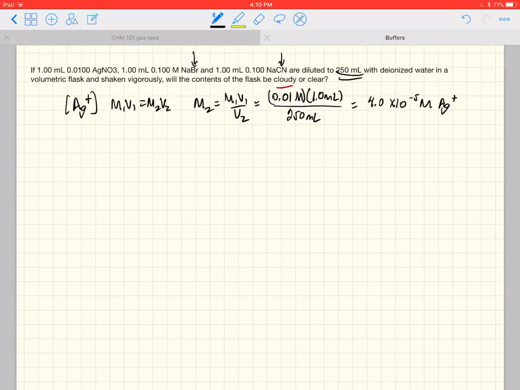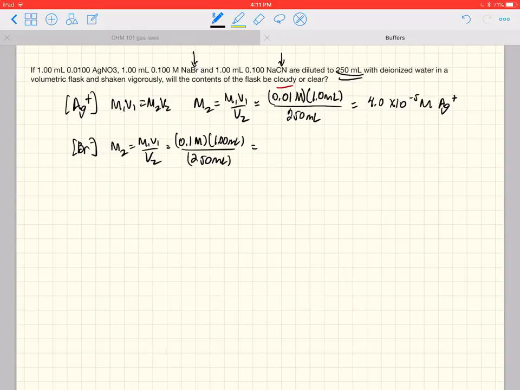Okay, let's do the same thing for bromide. We're starting out with 0.1 molar, 1 milliliter, diluting to 250 milliliters.